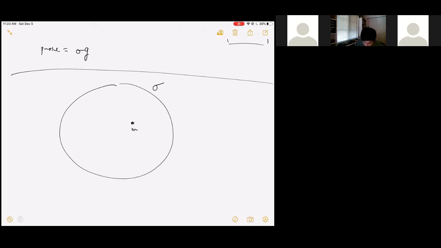So the way you do it is you make a bijection between points on the surface of the sphere by projecting through this mass. This is not a very good example. Like that.